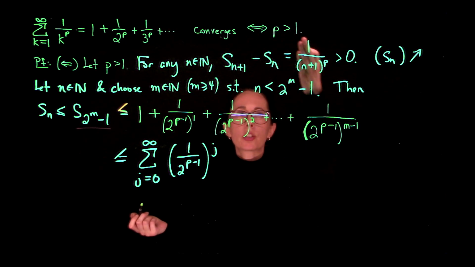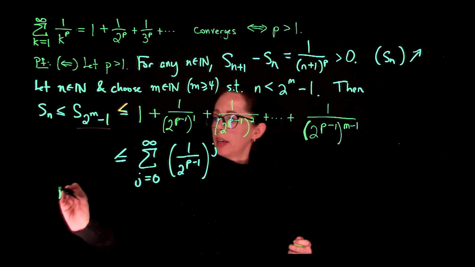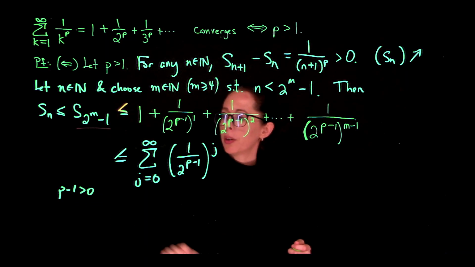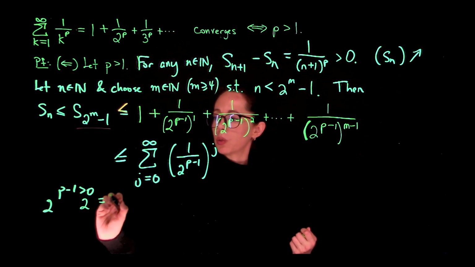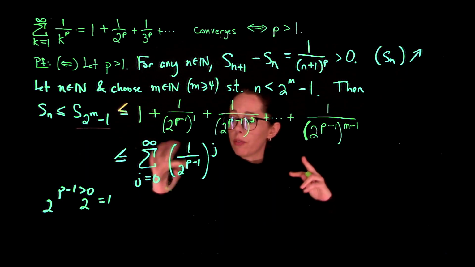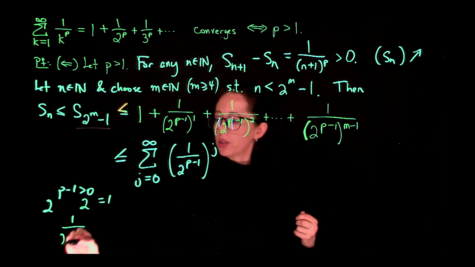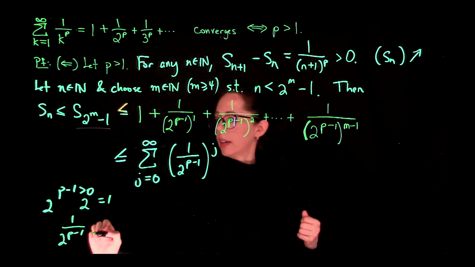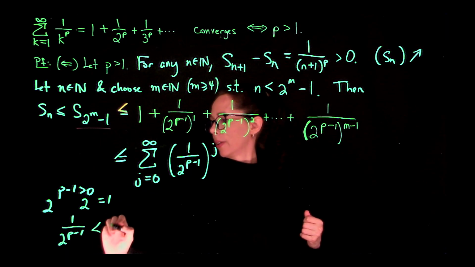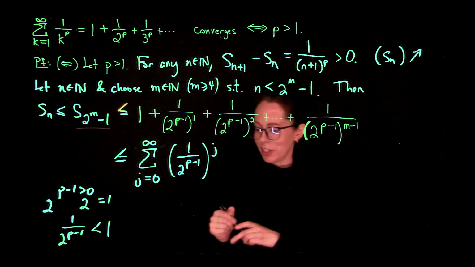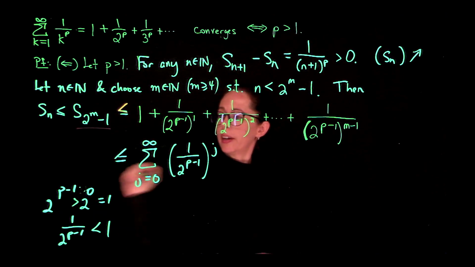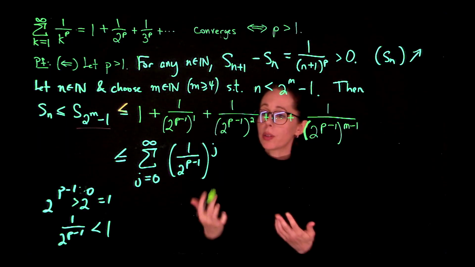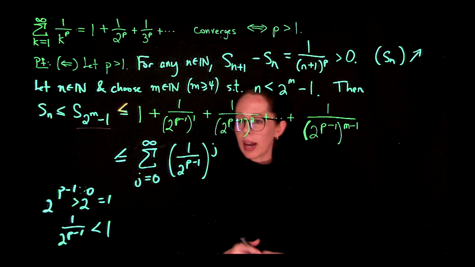We have p is greater than 1. That means p minus 1 is greater than 0. So 2 to the p minus 1 is greater than 2 to the 0, which is 1. So then when we invert it, 1 over 2 to the p minus 1 is less than 1. Sorry, it's got a little sloppy here, but this was greater than here. Okay, so this is a convergent geometric series.